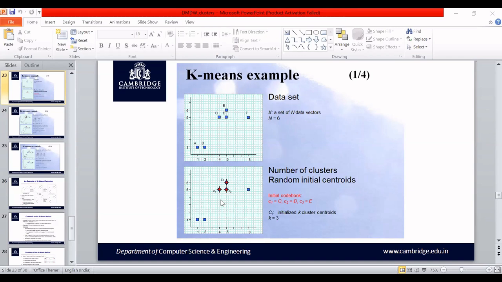So here I have assumed data point C as C1, data point D as C2 and data point E as C3. Now I want to classify the remaining points into one of these clusters.